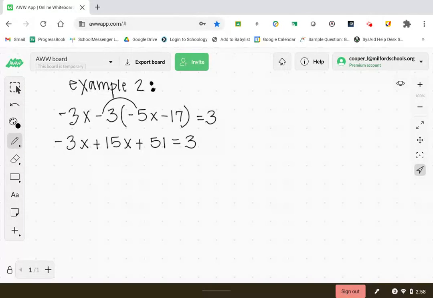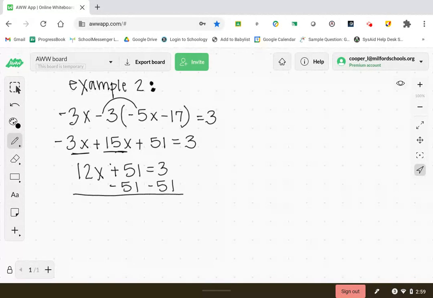And now we're going to solve for x because y equaled negative 5x minus 17. So we're going to see what x equals. I'm going to go ahead and combine these two because they're on the same side. So this is 12x plus 51 equals 3. Subtract 51. So it is a lot of algebra.